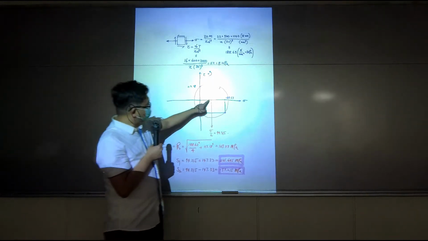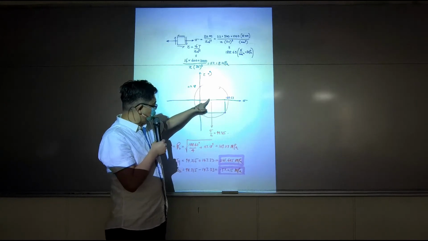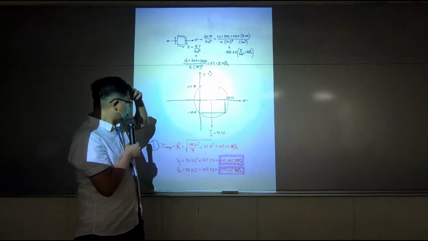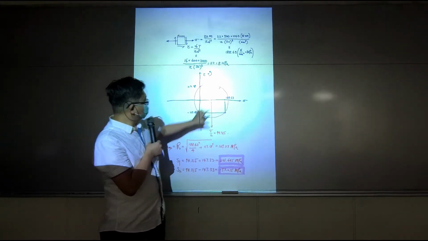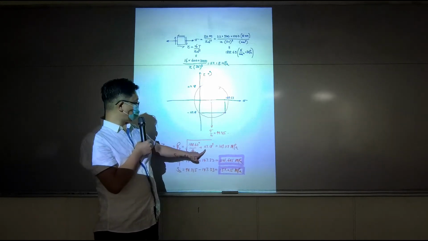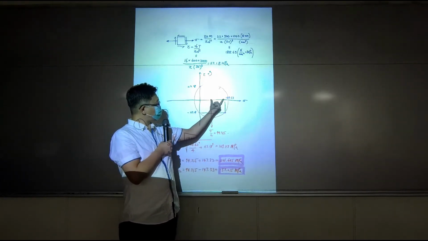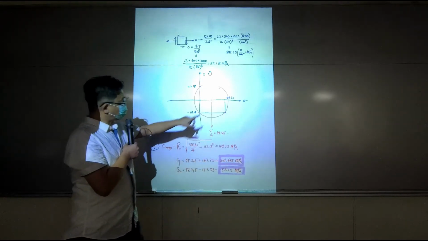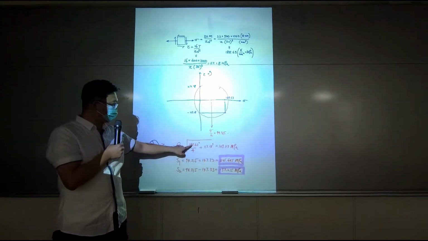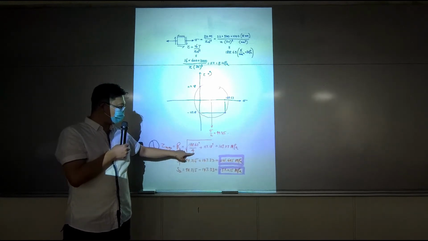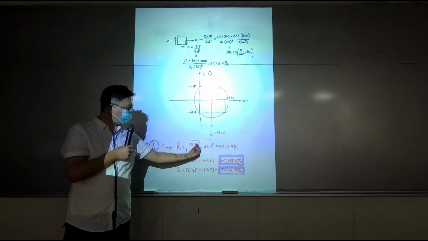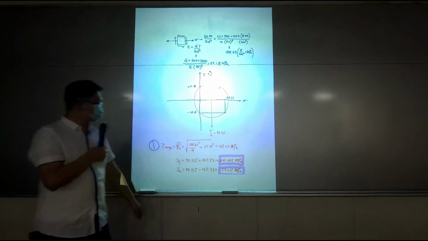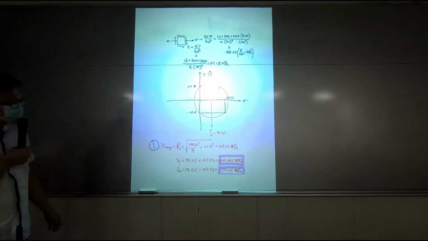I use the triangle right here. The height is 113. The width is half of 188. So half of it, then square, sum, square root. That's how you calculate the radius.